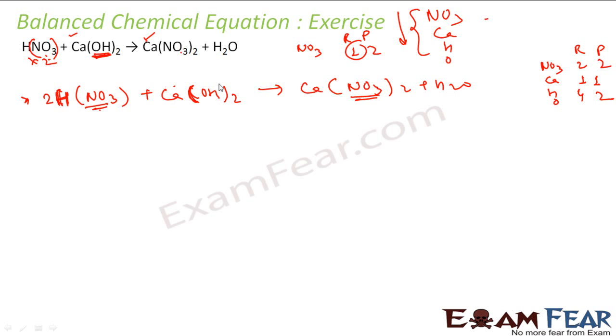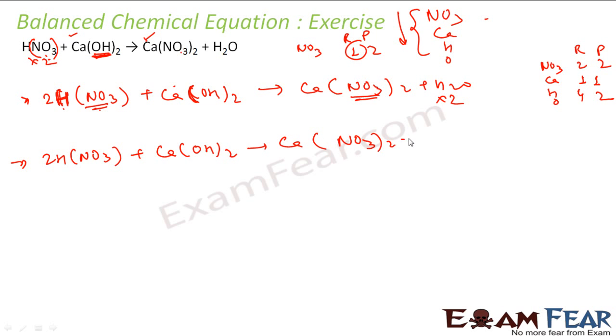So when we talk about hydrogen, we'll take hydrogen from this also, right? So hydrogen 2 plus 2, 4 here, and we have only 2 hydrogen here, not balanced. So we multiply this guy with 2. So what you get is 2 HNO3 plus Ca(OH)2 gives Ca(NO3)2 plus 2 H2.